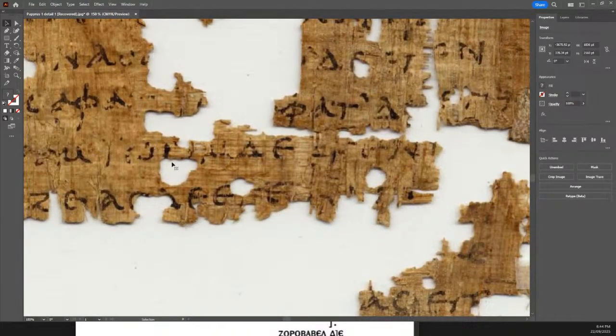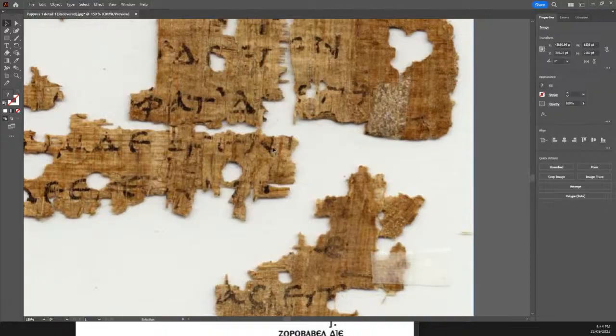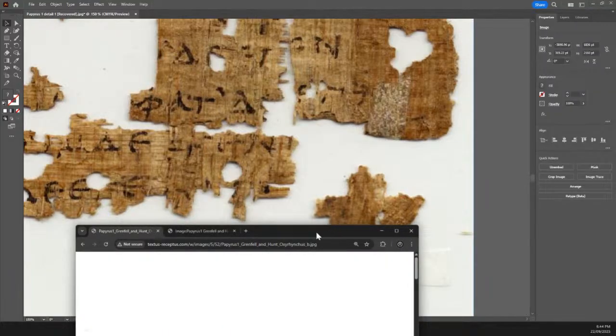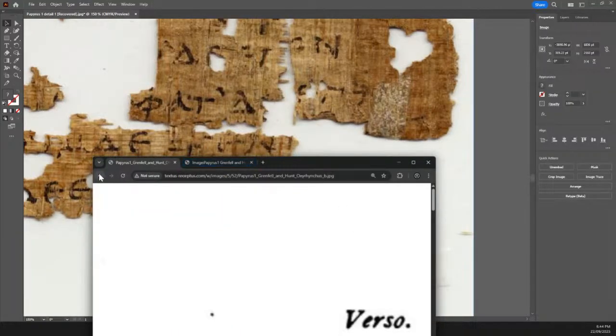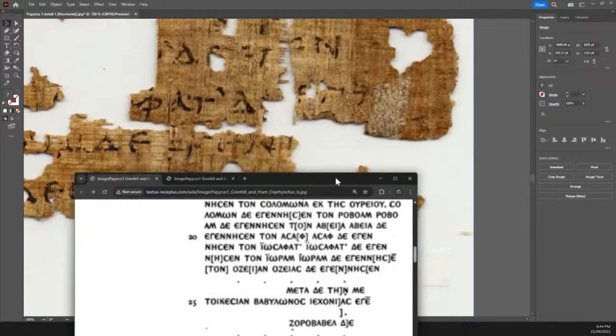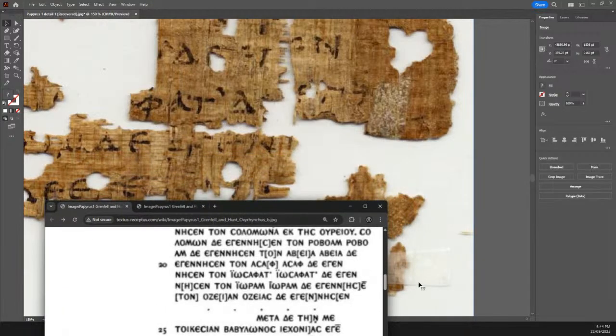So Yoram, the iota with the two dots, the omicron, the rho, the alpha, and the mu, and then there, and then Agenes. Oops, I've made that really big. There we go. Agenes.